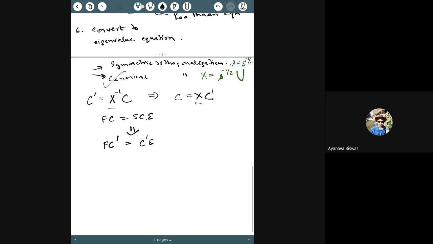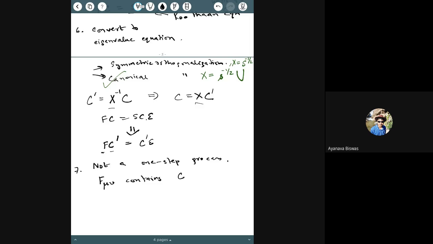So now that this is converted to an eigenvalue equation, you can simply diagonalize the Fock matrix and get C'. But this is not a one-step process. And why is that? That is because my F mu nu contains Coulomb and exchange integrals, which depend upon the C values.